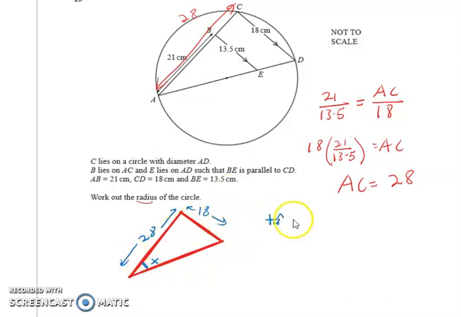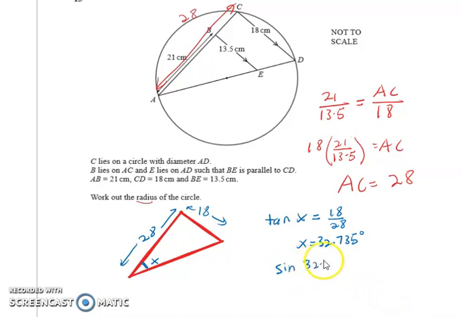So tangent x will be equal to 18 over 28, and your x value will be given as 32.735 degrees.